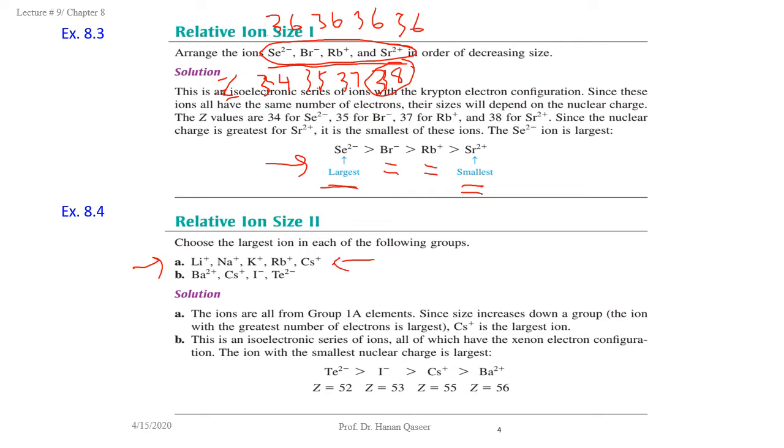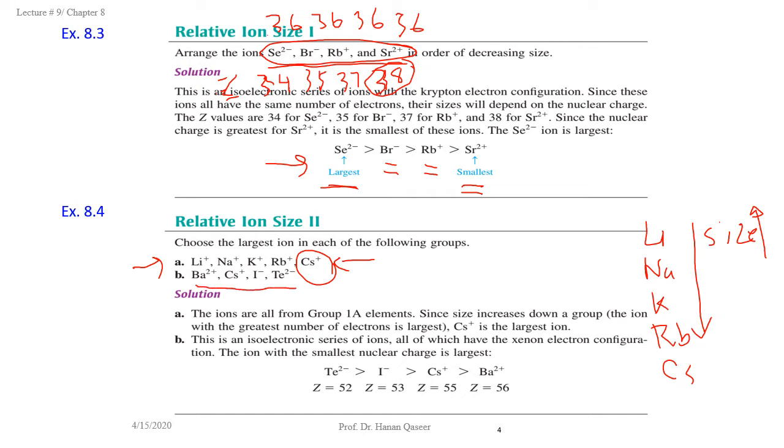Second question here, the first series, they are in the same group. As you go from top to bottom in the group, here group 1, lithium, sodium, potassium, rubidium, and cesium, these are ions in the same group. Size increases going down in a group. So we expect cesium plus 1 is the largest size. Same thing here, barium, cesium, iodide, Te2 minus.